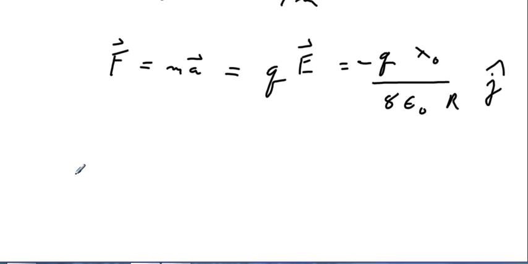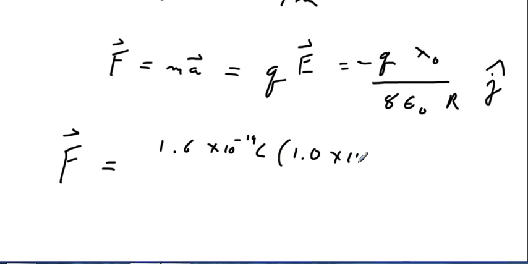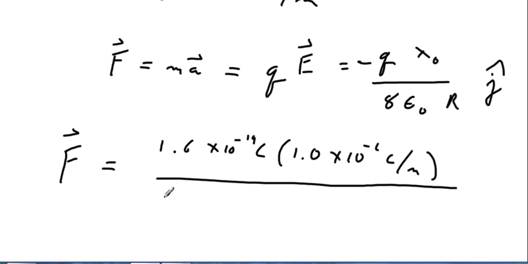Alright, so my force is going to equal 1.6 times 10 to the minus 19th coulombs, the charge on the electron, times 1.0 times 10 to the minus 6 coulombs per meter, my lambda naught, divided by 4.